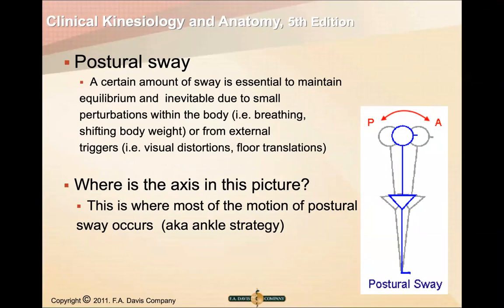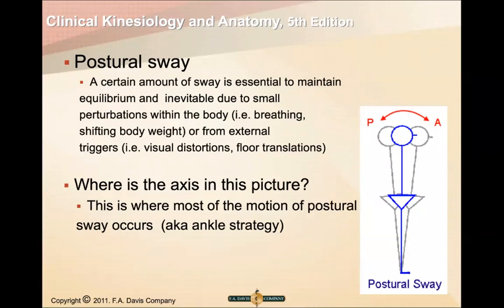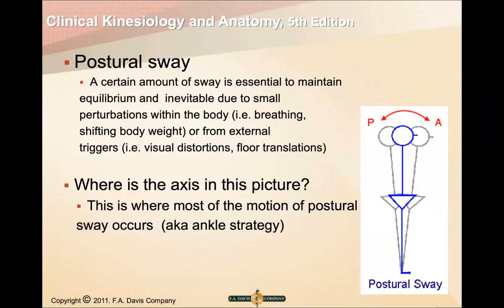So the hip strategy would be if you are, let's change examples. Let's say you are playing catch with somebody. Just say you're throwing a ball back and forth. And the person that throws the ball suddenly throws the ball really hard, and you catch it, and you don't have to take a step to catch your balance, but it really makes you sway a little bit.